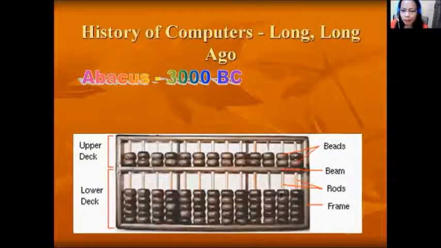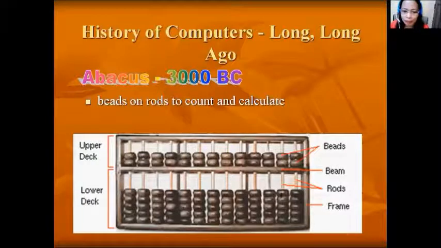So, mostly the abacus is used for what? This is used for computing. But what type of computing? It is used for counting, okay? It is used for addition, subtraction, multiplication, division, and even square root, okay?